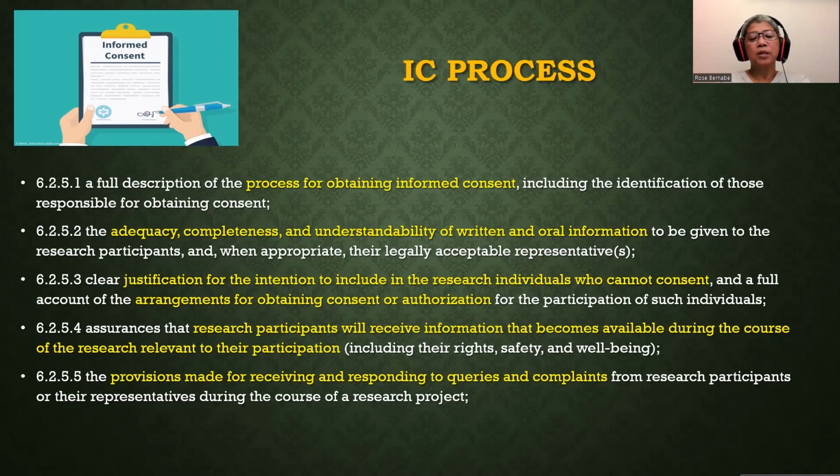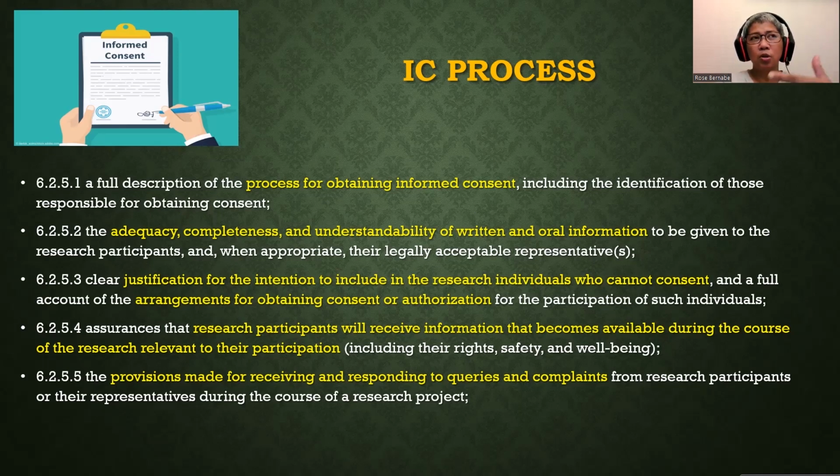Clear justification for the intention to include in the research individuals who cannot consent, and a full account of the arrangements for obtaining consent or authorization. So if research participants are those who are unable to consent, there must be a justification for that because these individuals are considered vulnerable, right? Why is there a need to include individuals who are incapable of gaining consent?